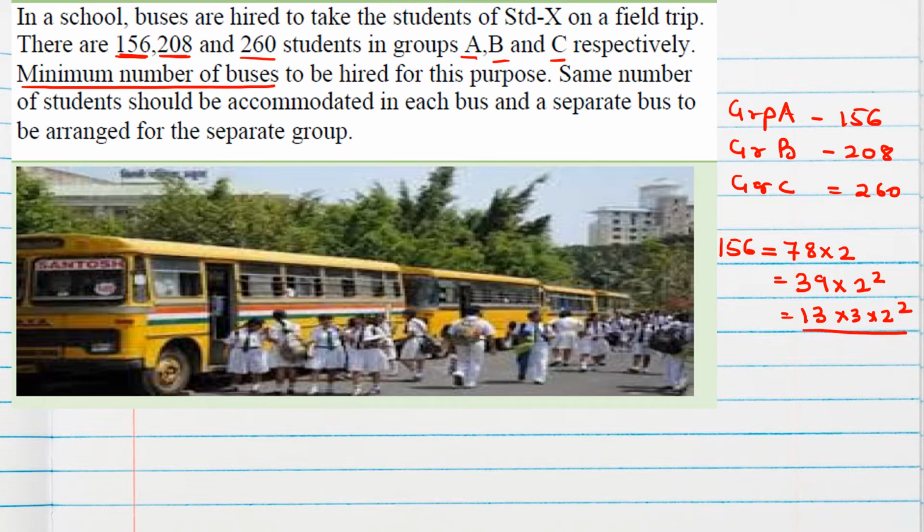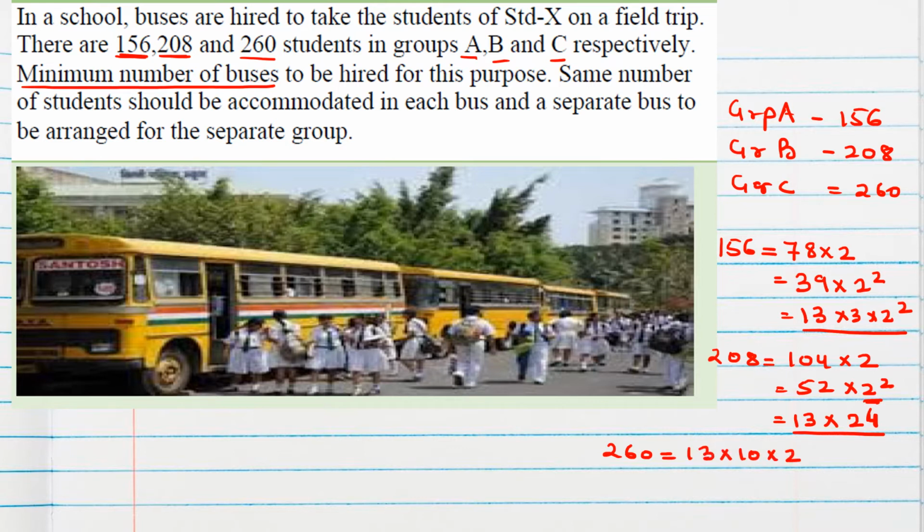This is the prime factorization of 156. Now for 208 we can write 104 into 2, 52 into 2 square, 13 into 4, and that 4 is 2 square and already 2 square is there, so 2 power 4. This is 2 power 4.